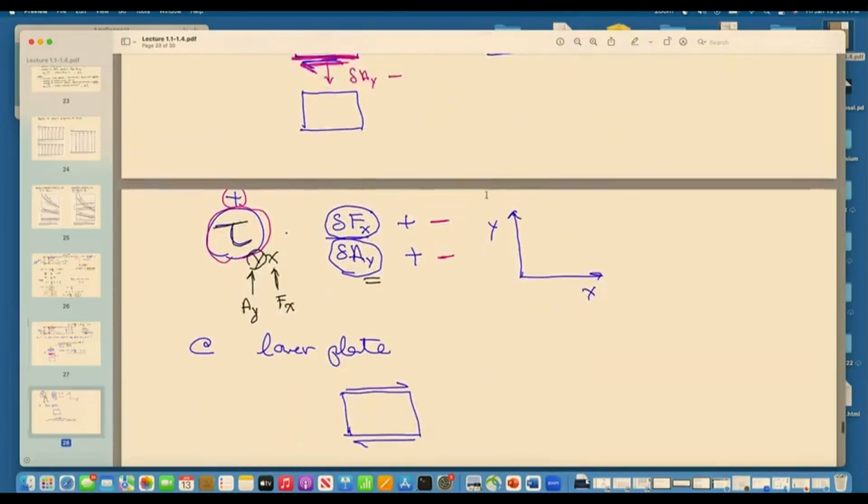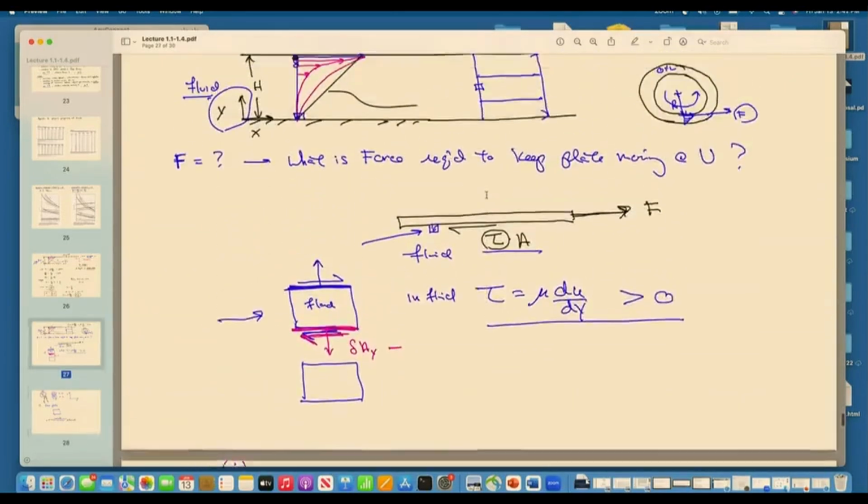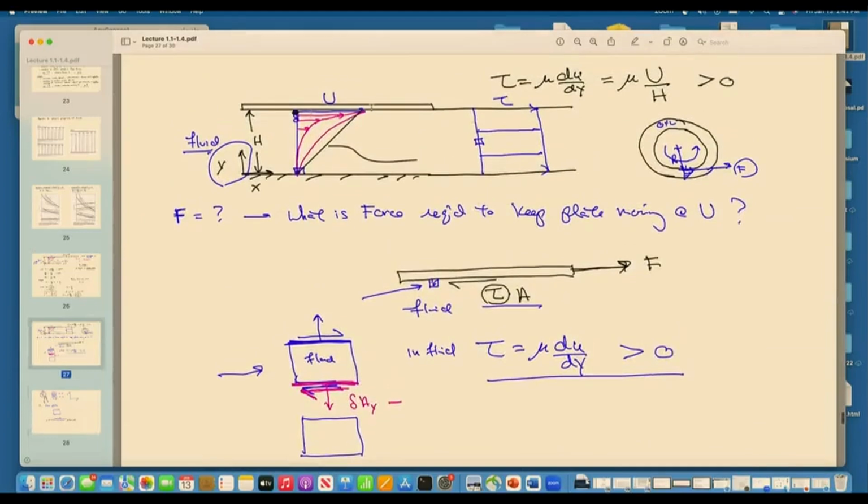The force in this particular problem is in the x direction. The area would be like the area of my hand, and its direction is given by its outward normal. So the outward normal is in the y direction.